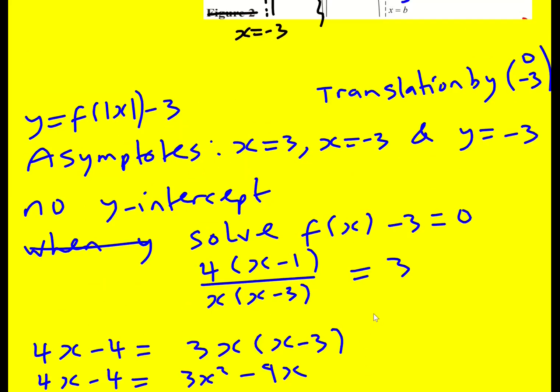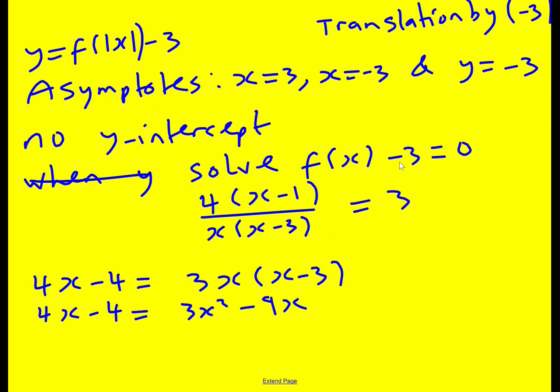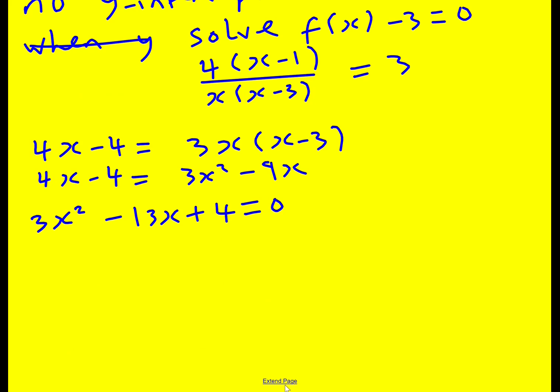We've got a quadratic, we're expecting two solutions, like I explained, because this is going to come down and we're still going to get one over here. 3x squared minus 13x plus 4 equals 0. And I'm going to expect this to factorize. It could not, but let's give it a go.